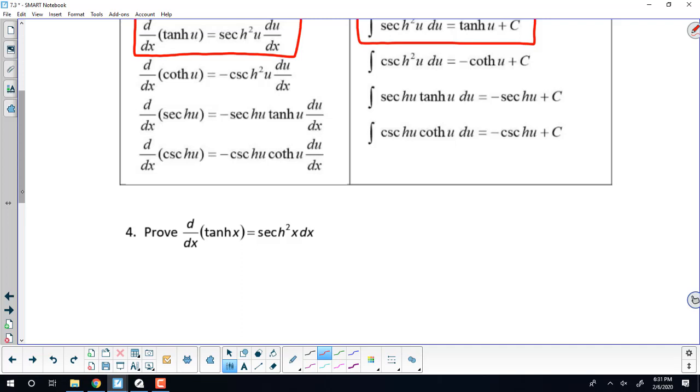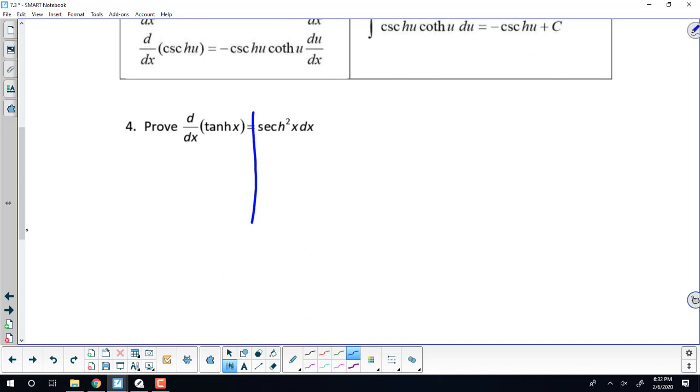We could use the definition of the derivative, proving the limit as h goes to 0, which would be really difficult. Another thing we could do is say I know that hyperbolic tangent is the same thing as hyperbolic sine over hyperbolic cosine, and just find the derivative of that.